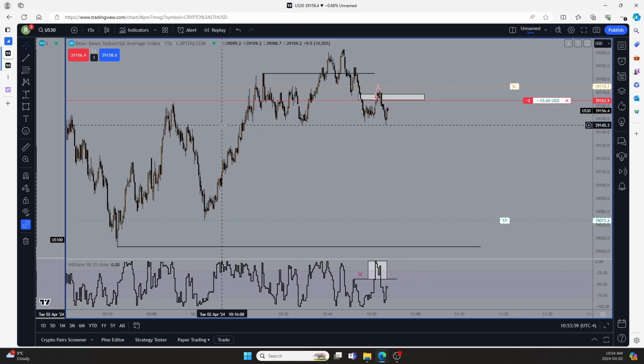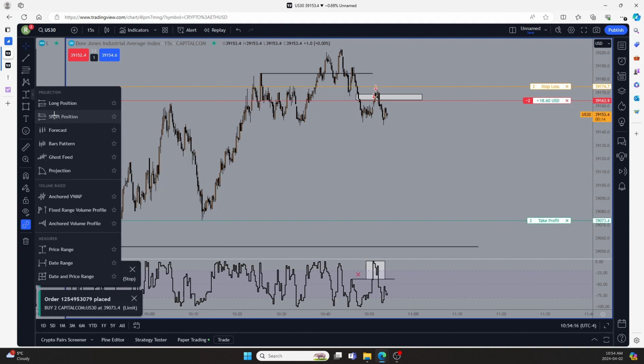Whenever we're taking live trades, if and when you want to do that, it's totally up to you. We want to be getting out at that 2-to-1, so we're just going to map that out here. Our stop loss would be above the balanced price range, and our TP would be right about here.